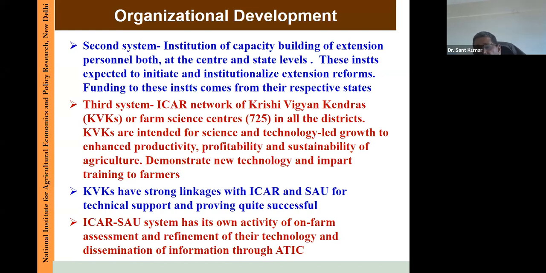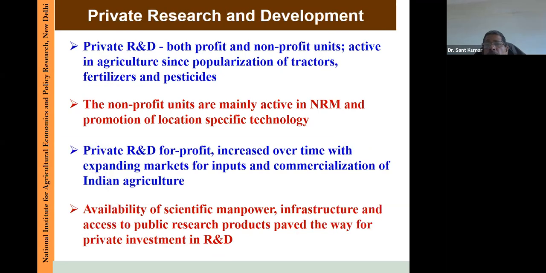The ICR SAU system has its own activity of on-farm assessment and refinement of their technologies through the Agriculture Technology Information Centers at their main gate. Then private R&D has emerged, both profit and non-profit units.